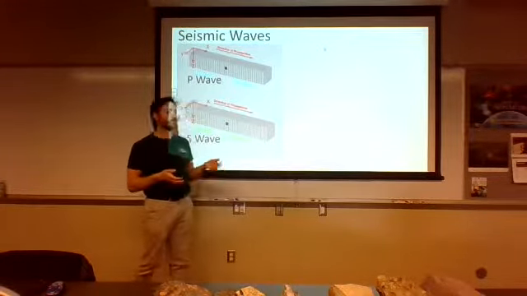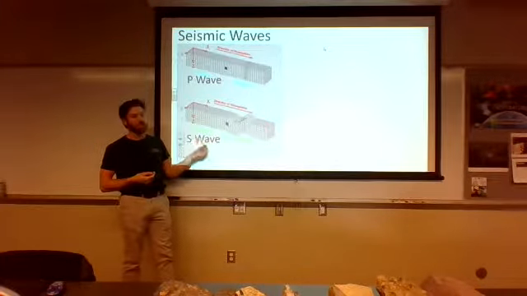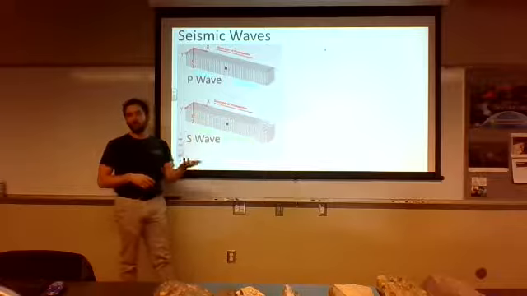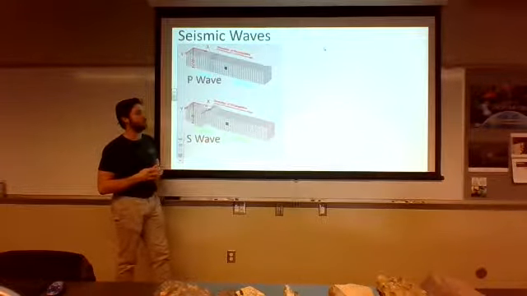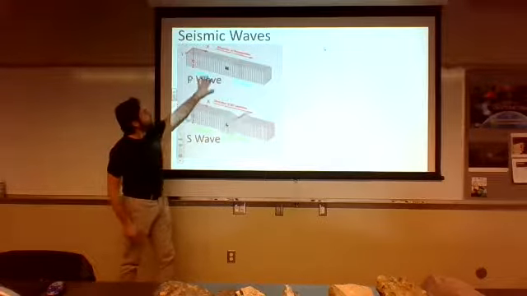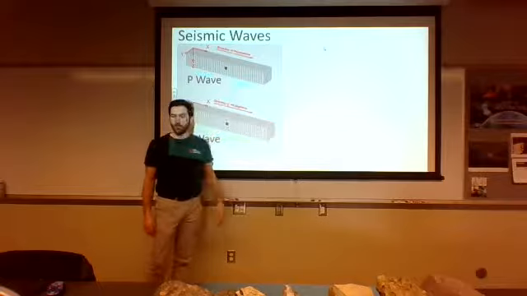It's very important to understand that this is a property of these waves: S waves cannot move through fluids. That includes gases and liquids. But P waves can. They can move through solids and they can move through liquids.